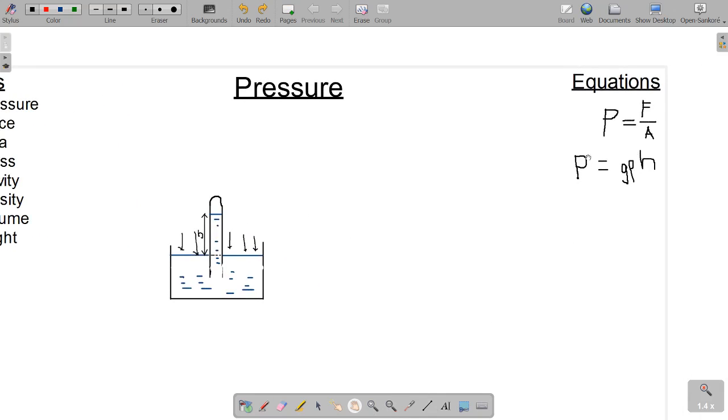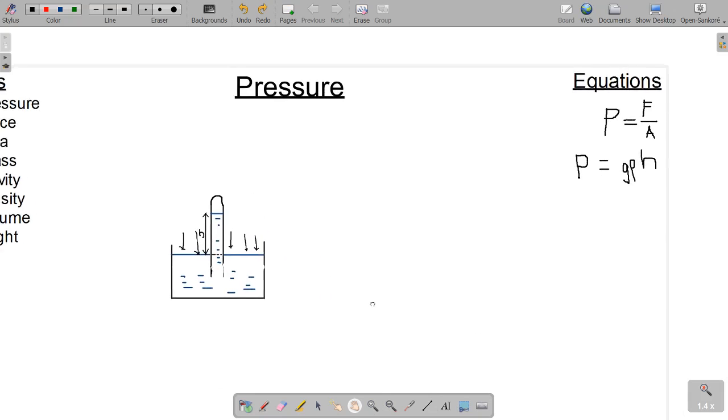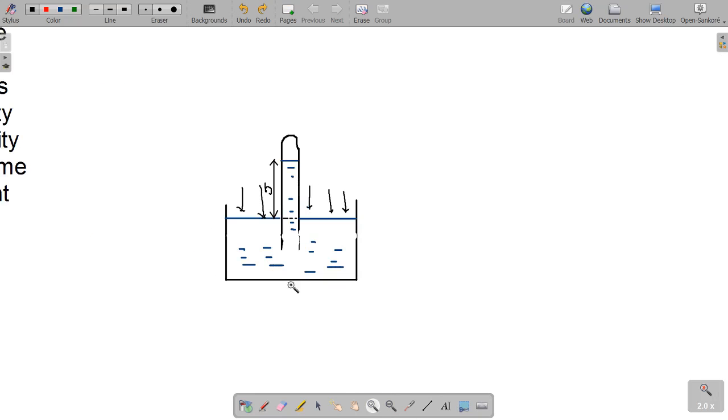So the pressure exerted is HOG. That means the pressure being exerted by the atmosphere is HOG also. So with that, you can calculate the atmospheric pressure.